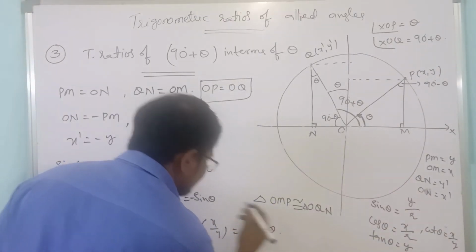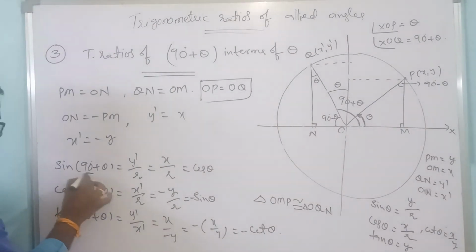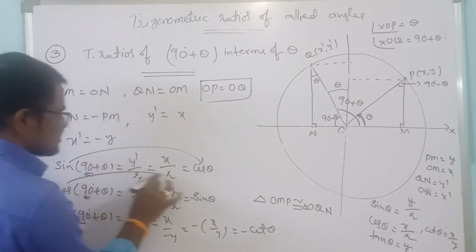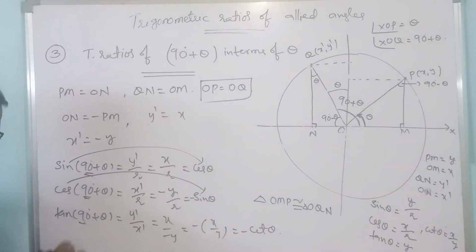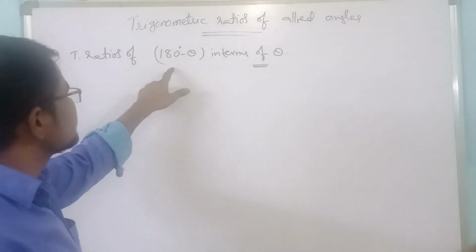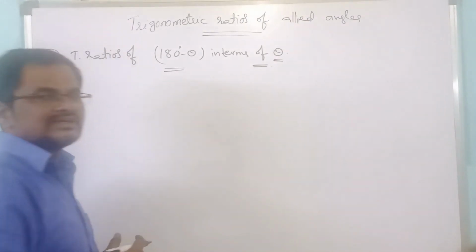Minus cot theta. So here also remaining also you can find. Whenever 90 is there, here sine changes to cos, here cos changes to sine, and tan changes to what? Cot.